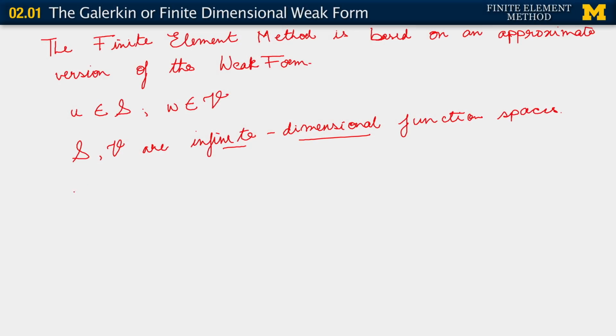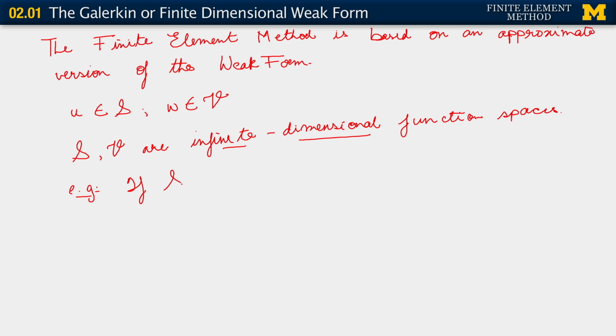What this means is the following. If you're thinking of these spaces S and V as being maybe polynomials, we say they're infinite dimensional in the sense that at this point, we are considering polynomials of all orders. So you'd be considering the constant, linears, quadratics, cubics, quartics, and so on, all the way up to infinity, and therefore infinite dimensional, because we think of each order of polynomial as being a dimension of the space of polynomials. So let me give that to you as an example.